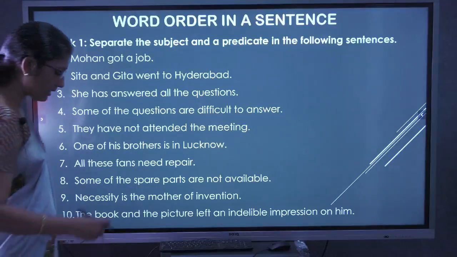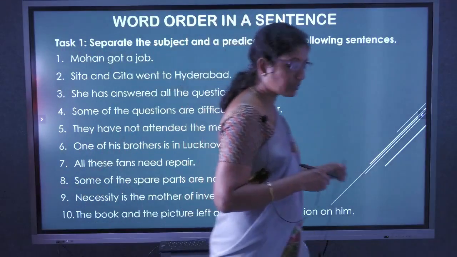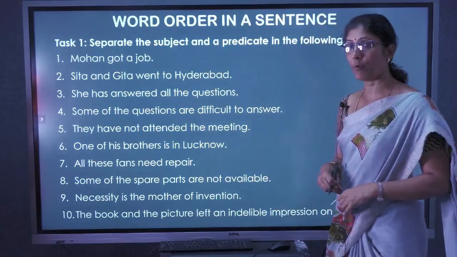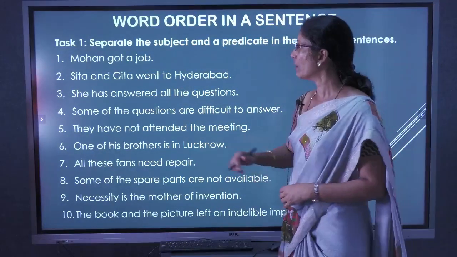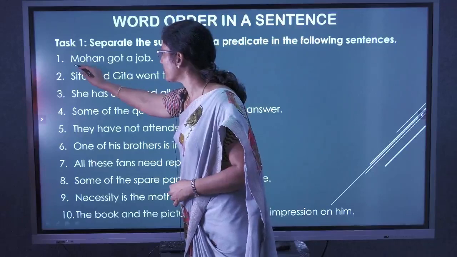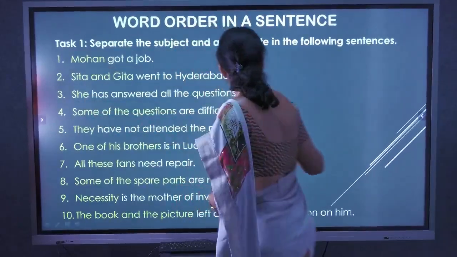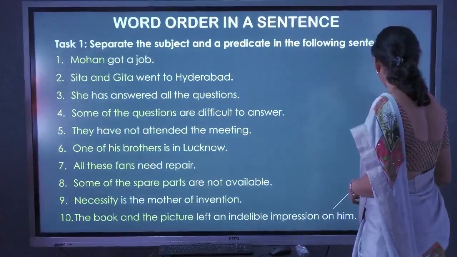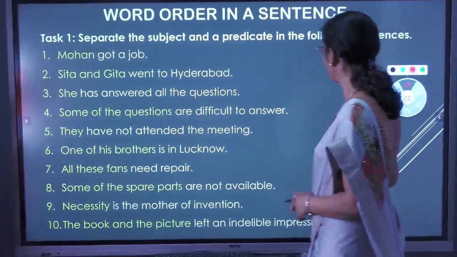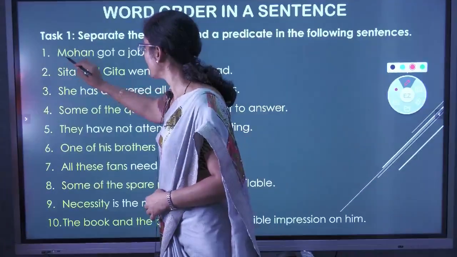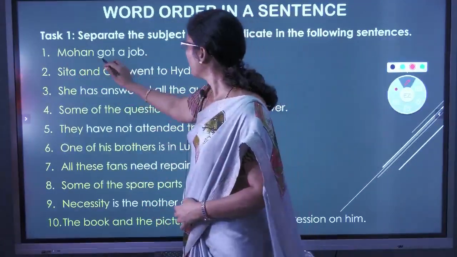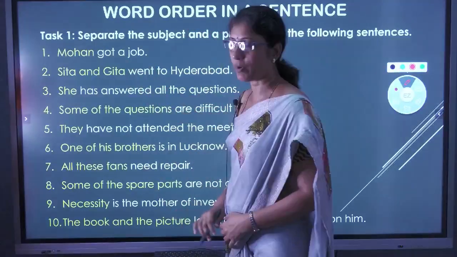What is the first sentence talking about? It is speaking about Mohan. Am I right? So it is the subject. Mohan is the subject, got a job, that is the predicate.